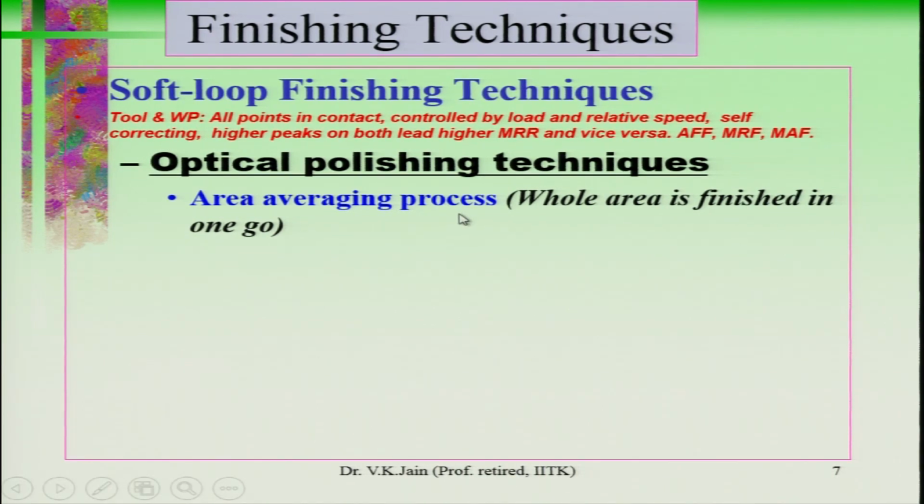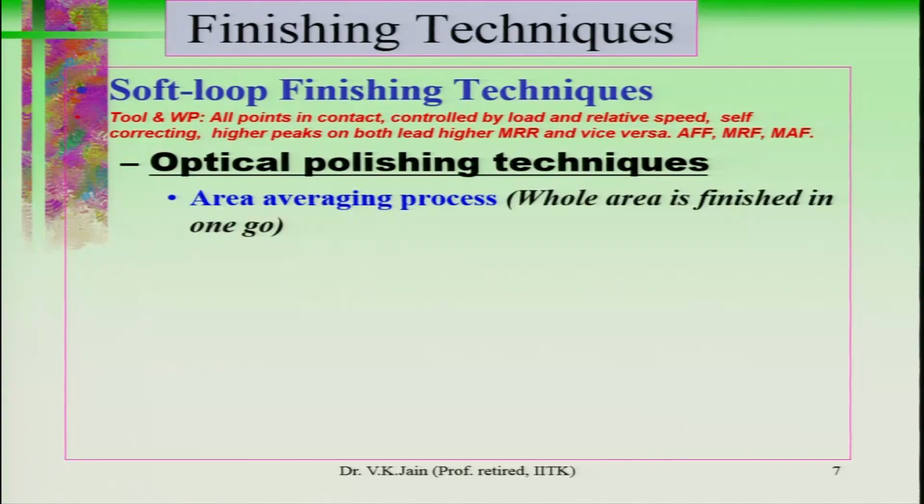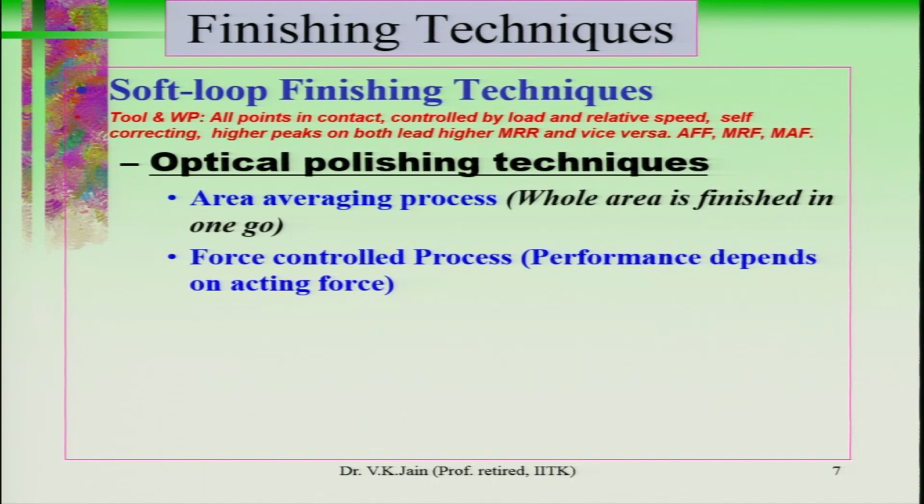It is an area covering process: as I have just mentioned, the total area of the workpiece surface being finished is covered in one go. It is a force controlled process: in all these processes like AFM, MRF and so on, the force acting on the workpiece through the medium and through the tool controls the performance of the process.